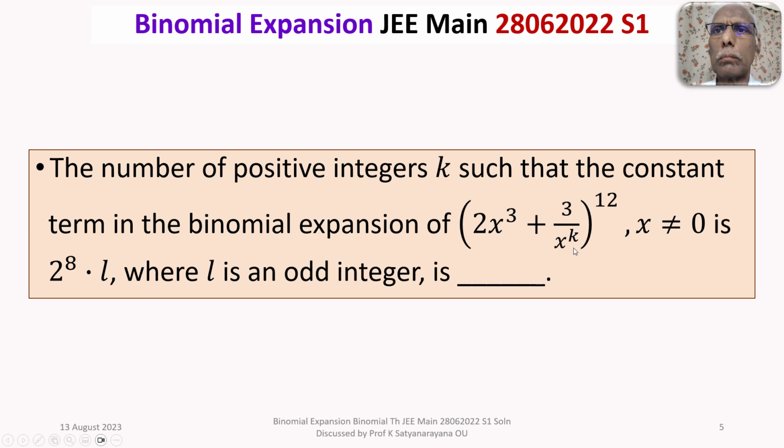In this we see a k, and we are required to find the number of positive integers k such that the constant term in this binomial expansion is of the form 2 power 8 multiplied by L, where L is an odd integer.